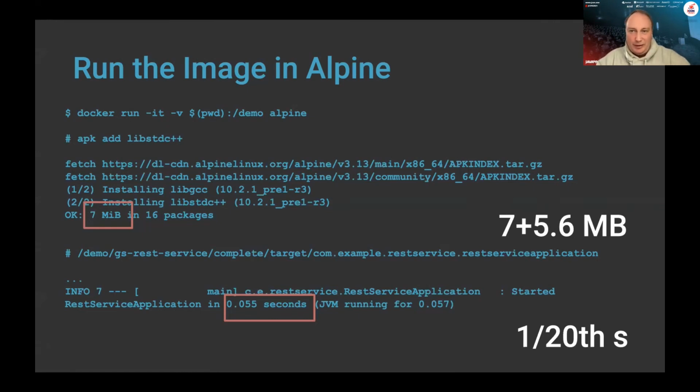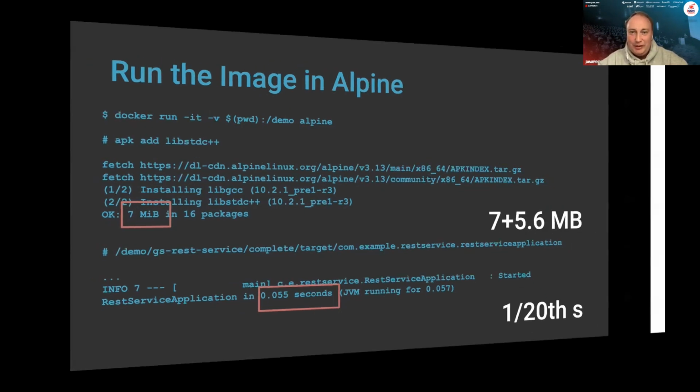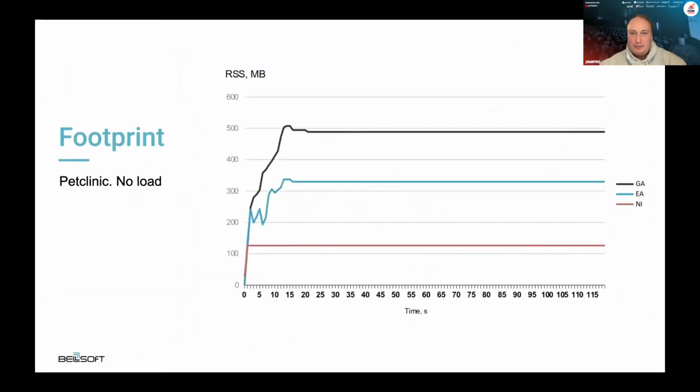But that's not all the savings, because let's look at the same picture. So again, we saw how updating your JDK and optimizations in the JDK can save your memory for free, right? So here the GC just doesn't take more memory than it really needs for a regular JVM. But if we migrate to native image, we save even more.